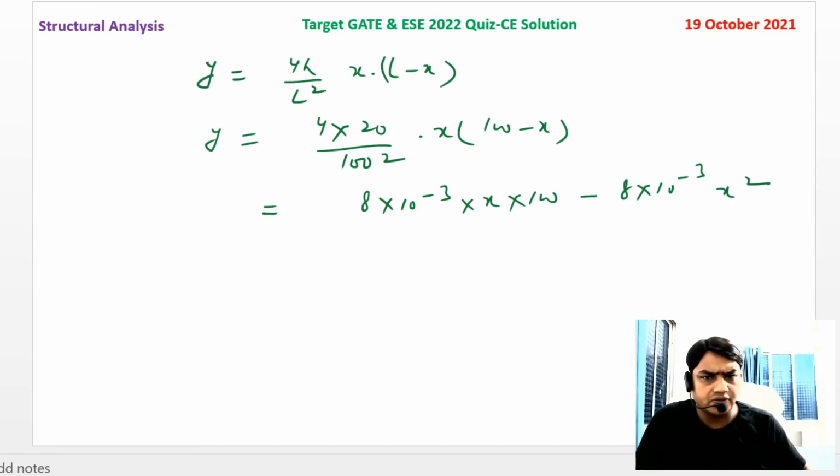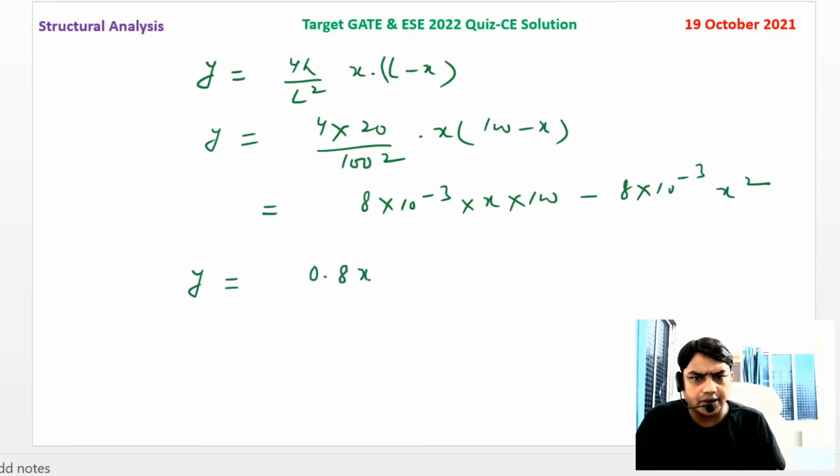If I solve this, y equals 0.8x minus 0.008x square.